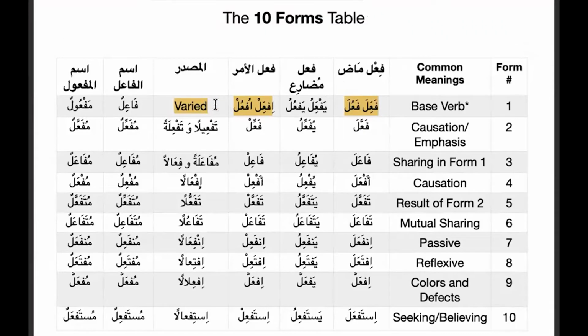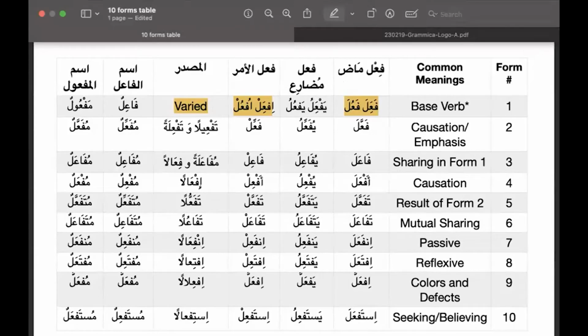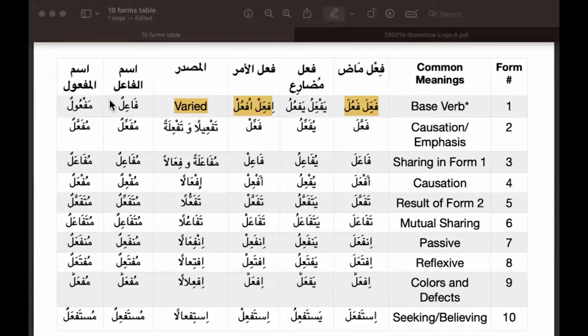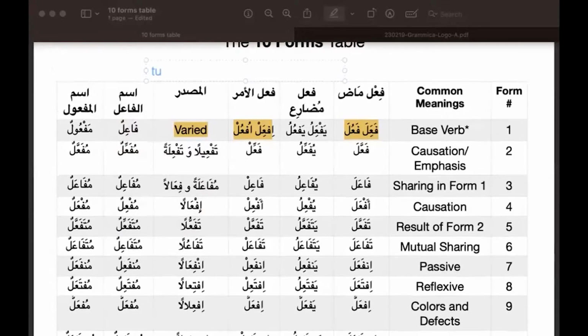For example, things that indicate movement are on the masdar pattern fa'alan.